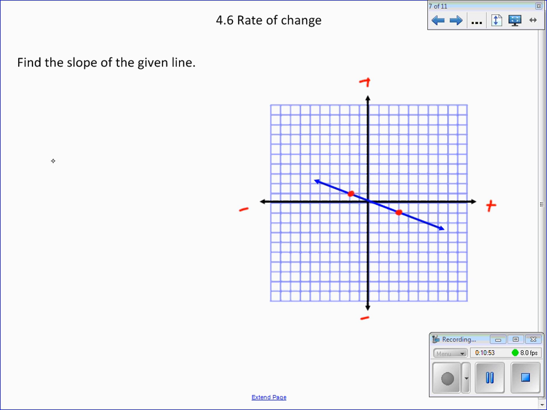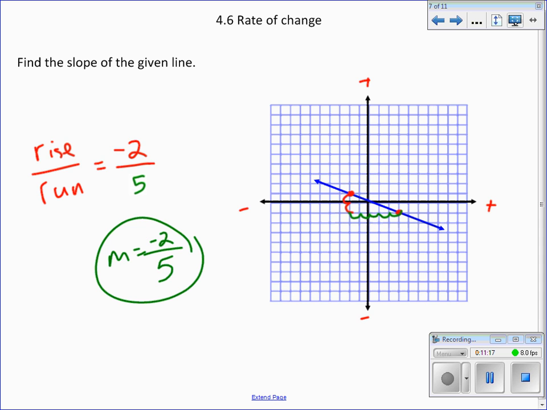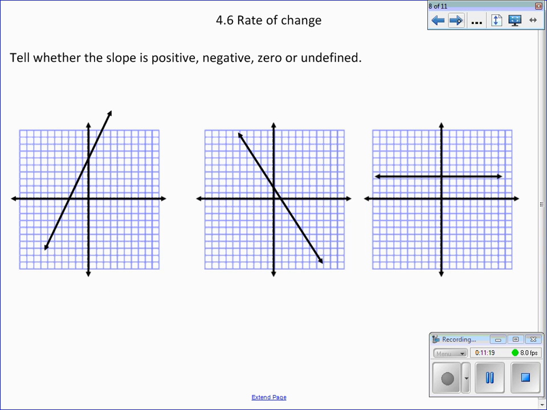If we start with this one on the left, and again, we're doing rise over run, we're going to have to go down 2 to get even with this one. Since we're going down, that's going to be a negative 2. Then we're going to have to go to the right 1, 2, 3, 4, 5. So we find out that our slope of this line would be negative 2/5.